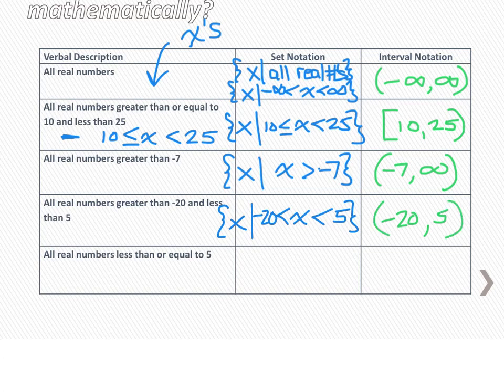Last example, all real numbers less than or equal to 5. So we have the set of x values such that x is less than or equal to 5. This is non-terminating. And in interval notation, our minimum then would be negative infinity. Our maximum is positive 5. At negative infinity, we'd be open. We can be equal to 5, so we're going to close that with a bracket.